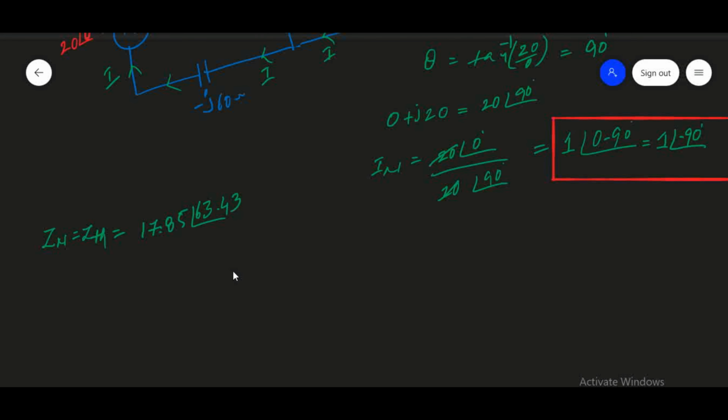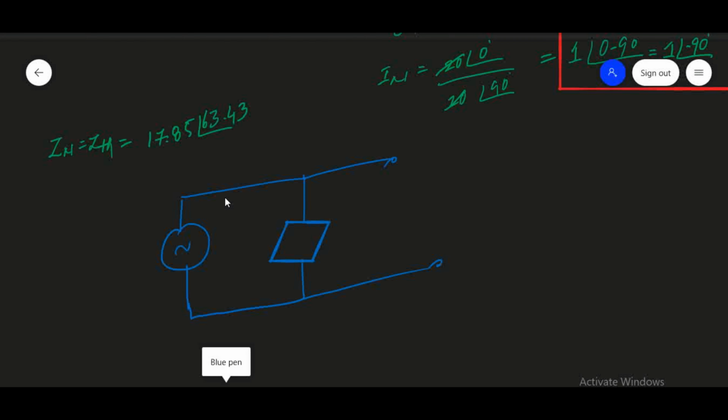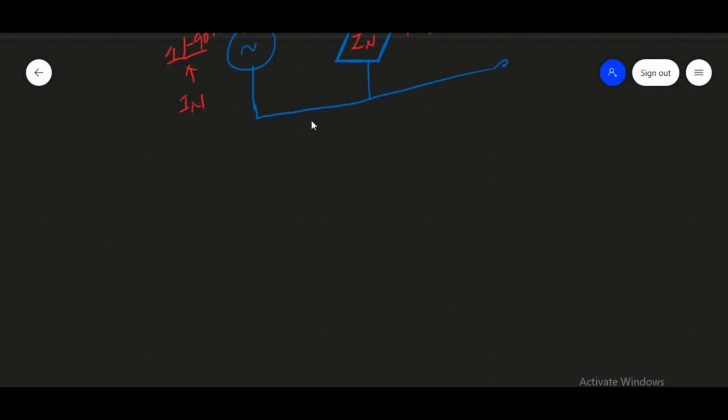So for this circuit, Norton's equivalent becomes a current source of 1 with an angle of minus 90 degrees amperes, which is your IN, in parallel with 17.85 with an angle of 63.43, which is your ZN, and this is your open terminal. Like this we have to find it.